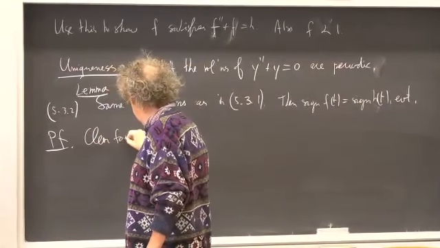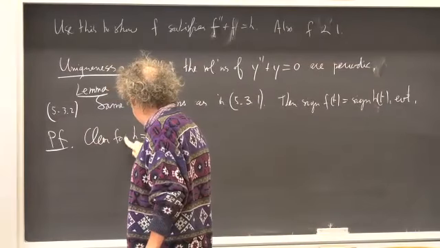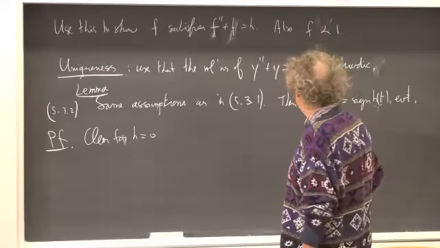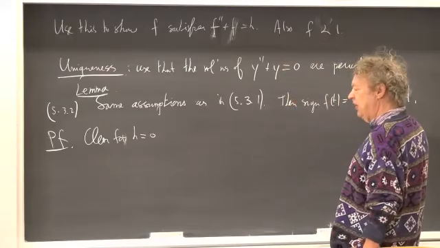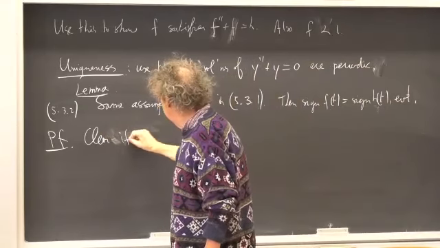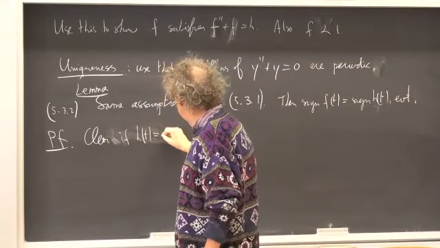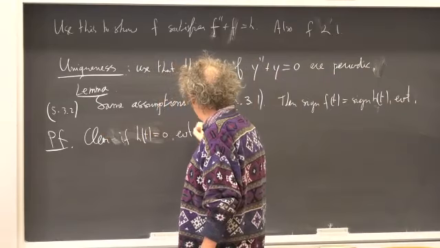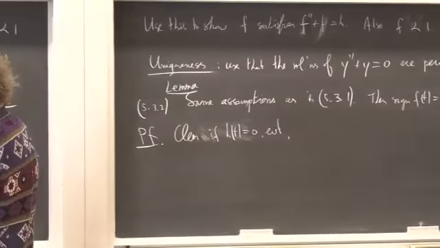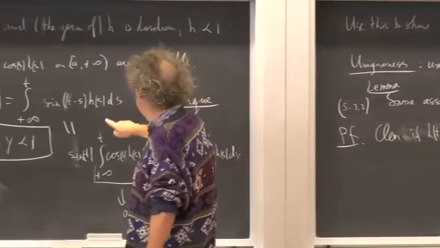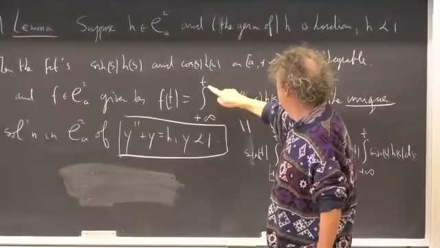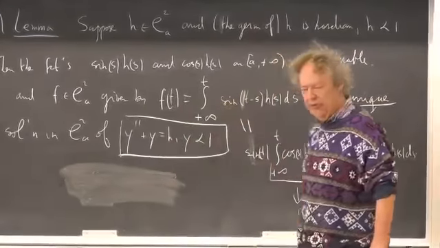Clear if h(t) is 0 eventually, because then f will be, if h is eventually 0, then for big enough t, this will also be 0.